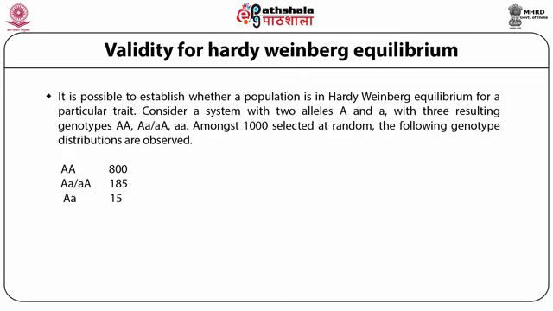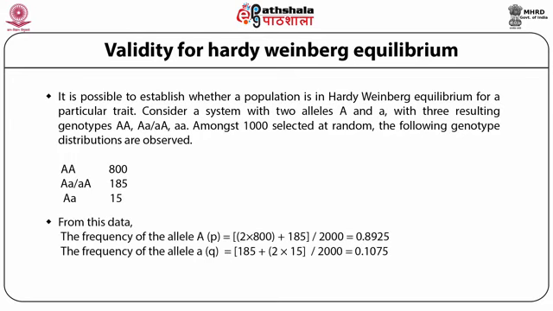From this data, the frequency of allele capital A, which is denoted as p, can be calculated by multiplying 800 by 2 and adding 185 to it, and finally dividing this sum by 2000. We have doubled the number of the sample because we are considering a diploid organism.